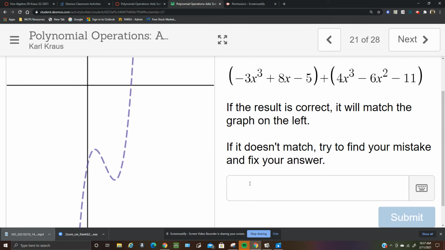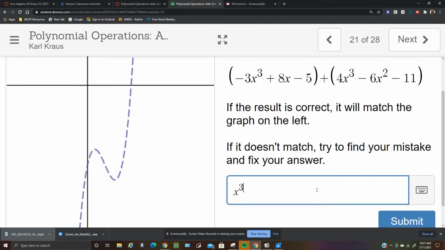We are adding like terms, x cubed. There's no x squared term, so minus 6x squared. There's no x squared term in the first set of parentheses, I should say. There's no x term over here, so plus 8x. And then negative 5 plus negative 11, negative 16.